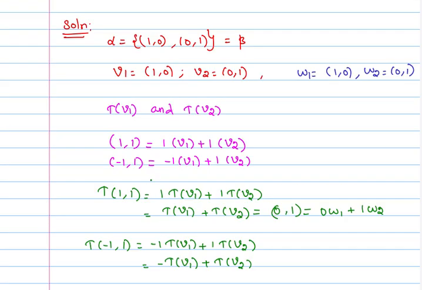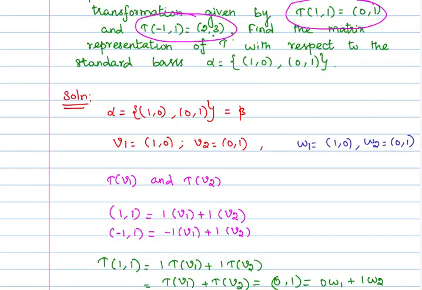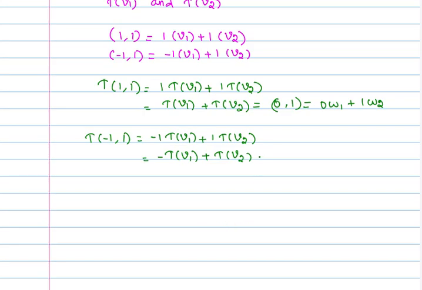T of (-1, 1) is given as (2, 3), which you can represent as 2 times w1 plus 3 times w2. Now you take these two equations only. This is equation number 1, this is equation number 2.